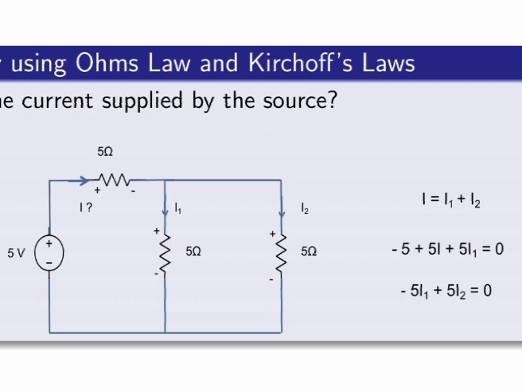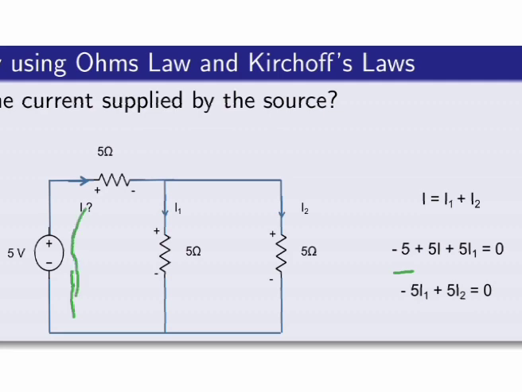So let me explain it again. In the first loop, when I travel from here, I first find the negative polarity, and the value of that voltage is minus 5. That's why I am writing here minus 5.